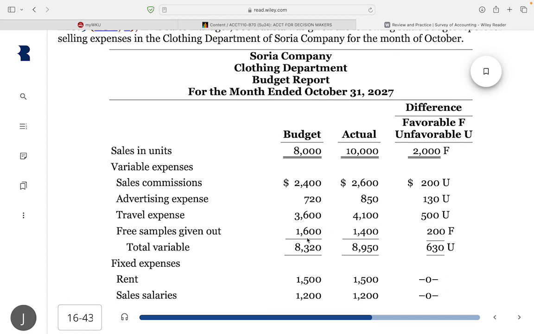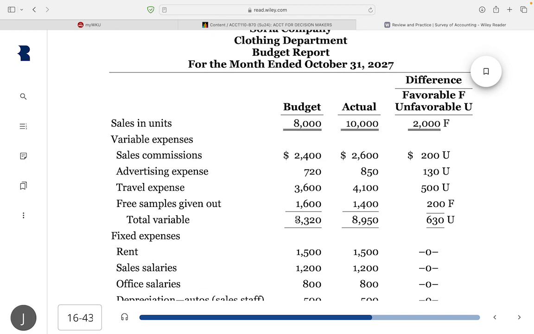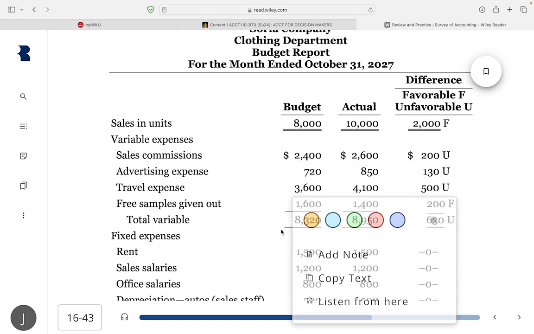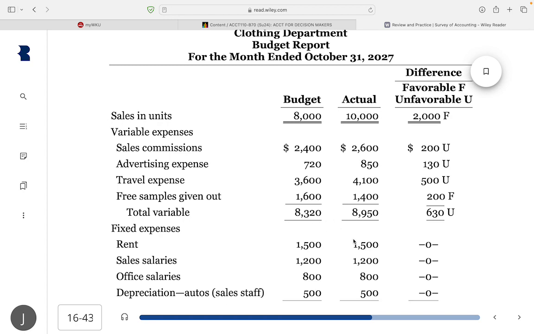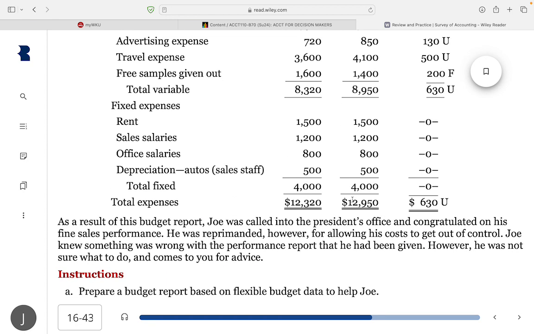You see that they budgeted $8,230 of variable cost and they actually had $8,950 of variable cost. So the variable costs were higher than expected. The fixed costs were identical. And so the total costs were higher than expected.